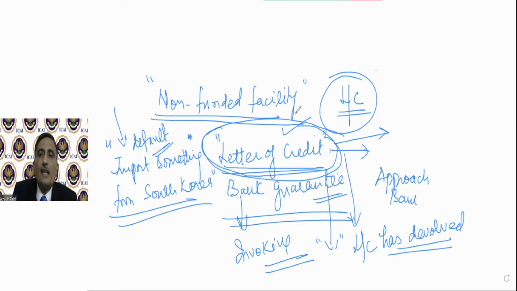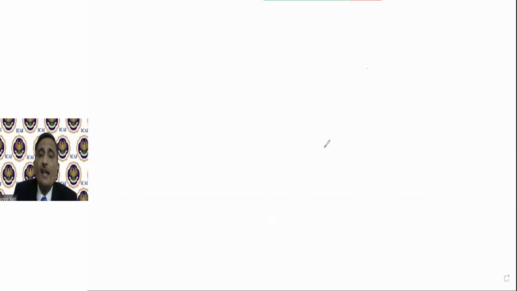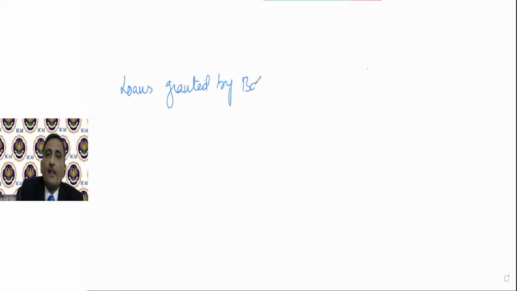Okay, so these two terms are clear to you: funded facility and non-funded facility. And another term, guys, is in the context of loans granted by banks. So students, you have to understand that there are various types of loans granted by banks.